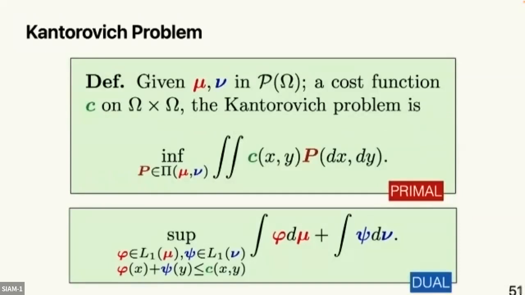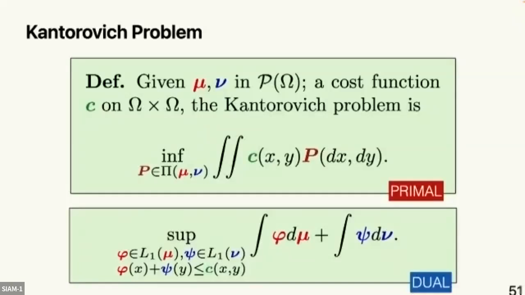And so now, instead of being just simply alpha transpose a, it is going to be a test function phi integrated against d mu, and a test function psi integrated against d nu. You have to be able to integrate them against those two measures.